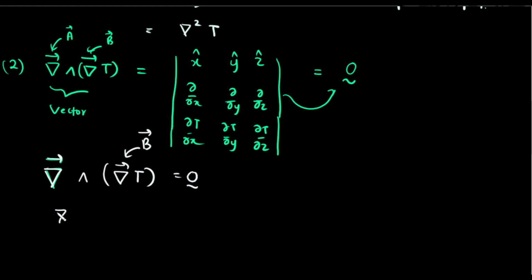So if the cross product of the del operator with B is going to be the null vector, this means that there should be a scalar field T such that B equals grad T. So there is always going to be a scalar field in such a way, if the curl of grad T is going to be 0. I hope you understand this section.